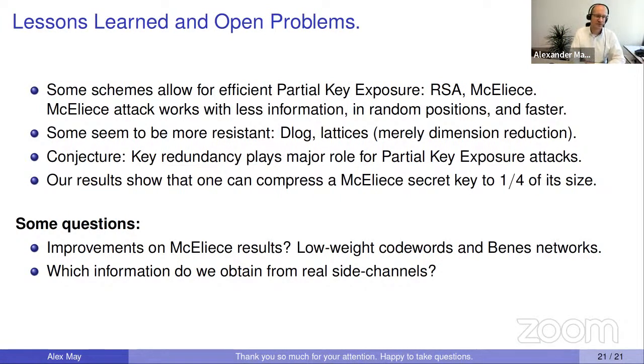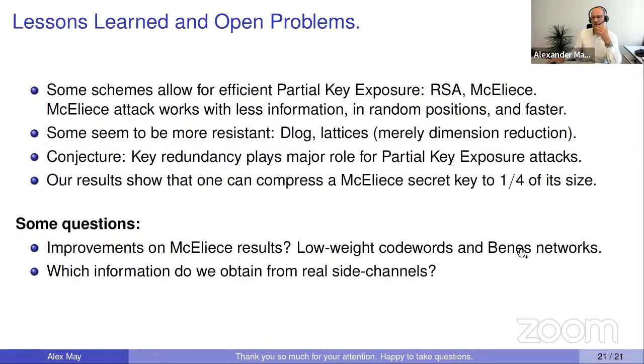And there are some questions now. Can you improve on this McEliece result? Obviously, if you are capable of sampling low-weight codewords, then you could, but we don't know how to do this in polynomial time so far. Also in McEliece, to be fair, these alpha i's are usually encoded in a Benes network, and then I don't know how to do this if I don't have them in the clear, these Goppa points.